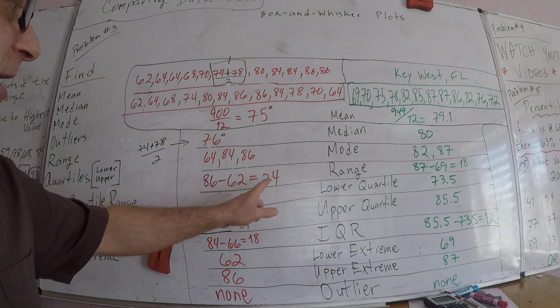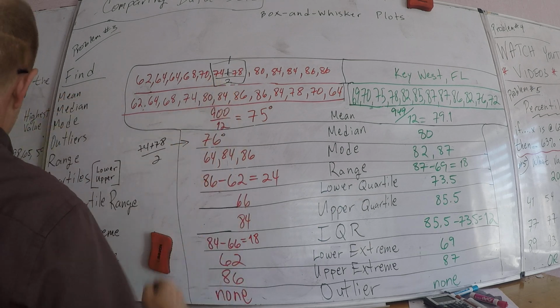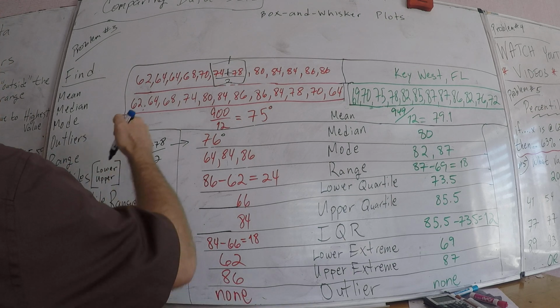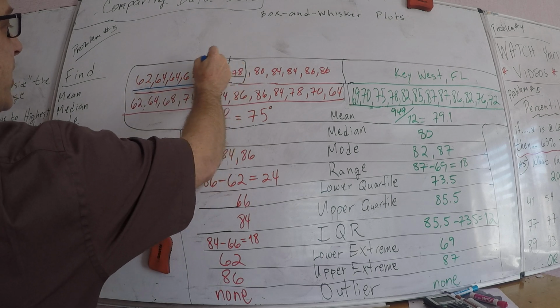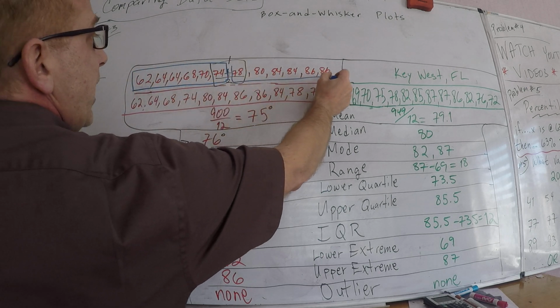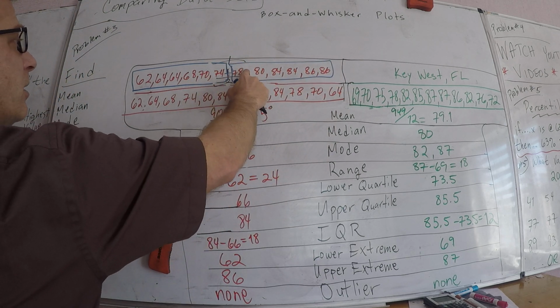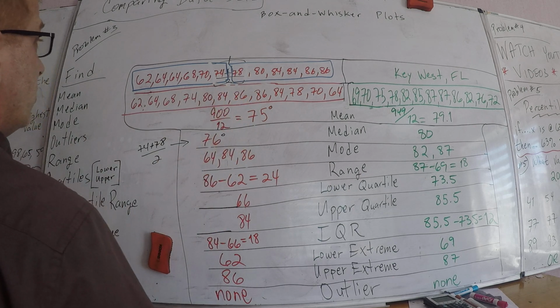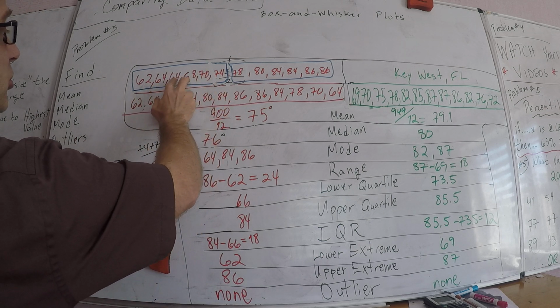Now, the range we talked about, the lower quartile. Well, the lower quartile comes from my bottom 6, because this is the middle right here. 1, 2, 3, 4, 5, 6. And here's 6. So what are the medians of those? Again, it's even, so I have to add the middle 2.